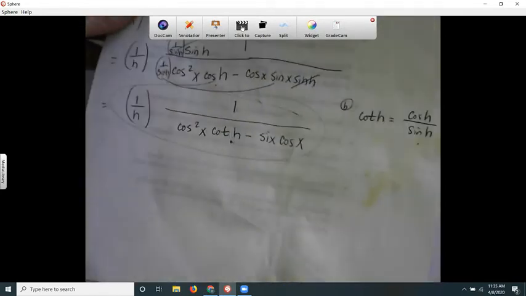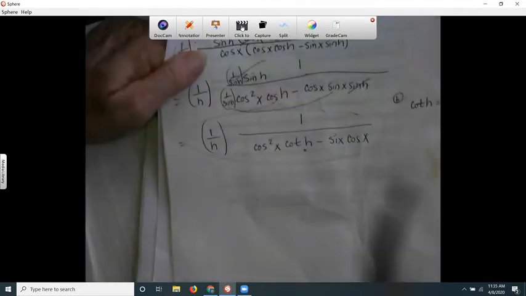And then for letter B, they say, at this point, can you evaluate the limit as h approaches 0 of this function? Well, if I plug a 0 in there, I get undefined.